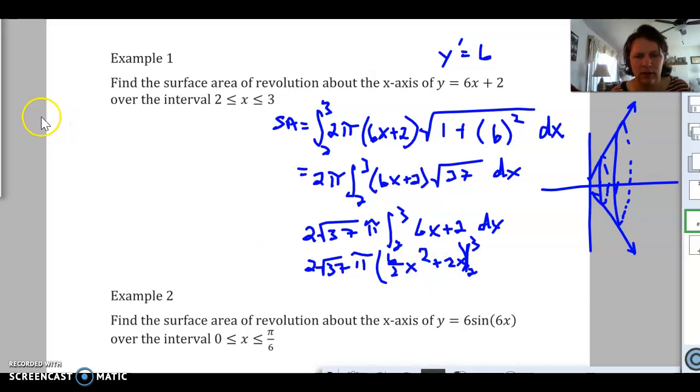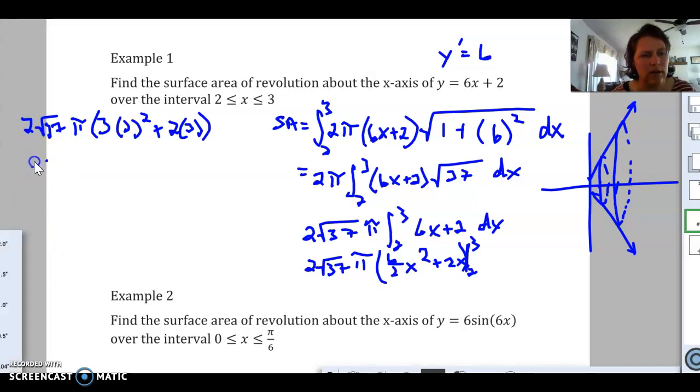Come over here to evaluate. 2 square root of 37 pi times 3, and then plug in our 3 squared plus 2 times 3, and then minus what we get when we plug in the 2.